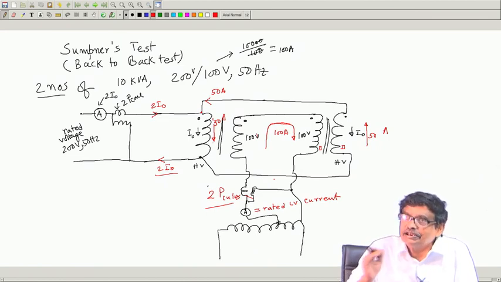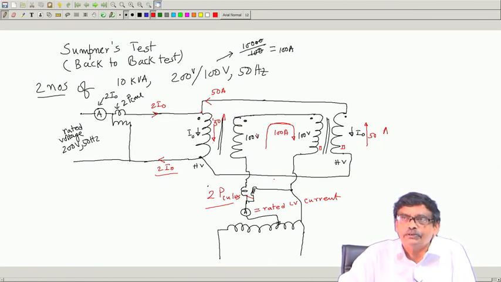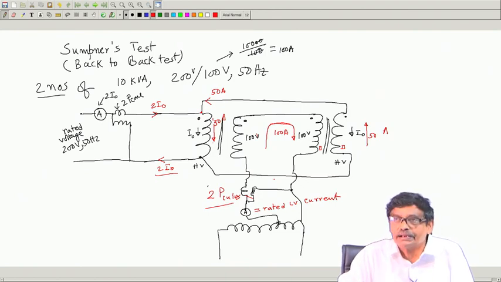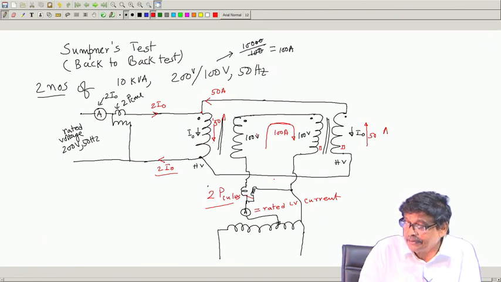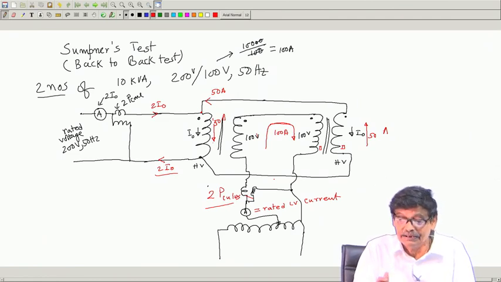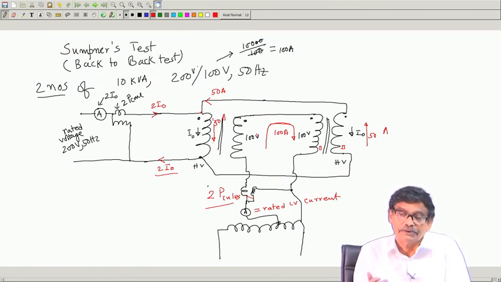And from this variation of the resistance I should be able to predict what the temperature rise is. So, anyway, this is a very nice test for which you do not require 10 kVA load, it will only draw core loss and copper loss.